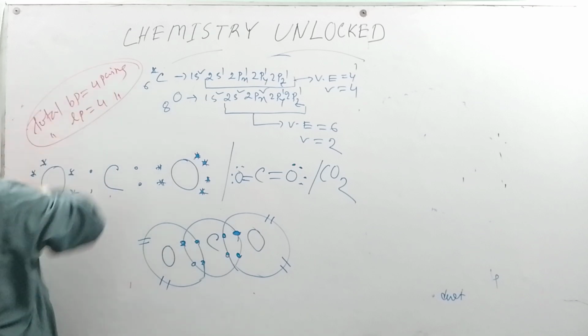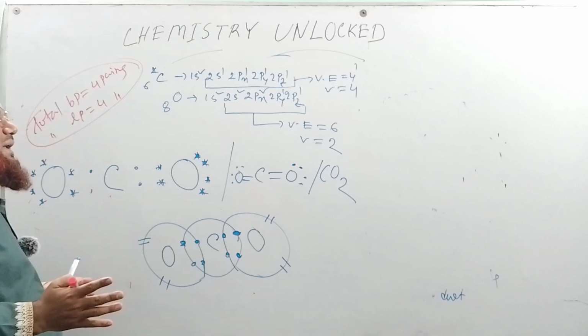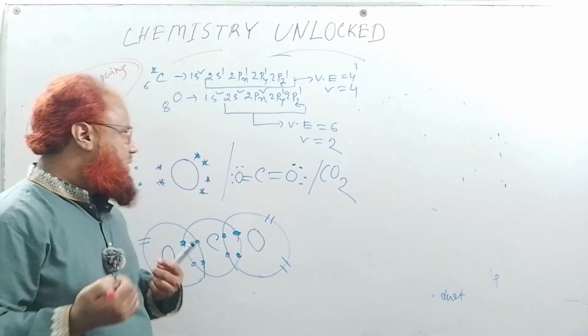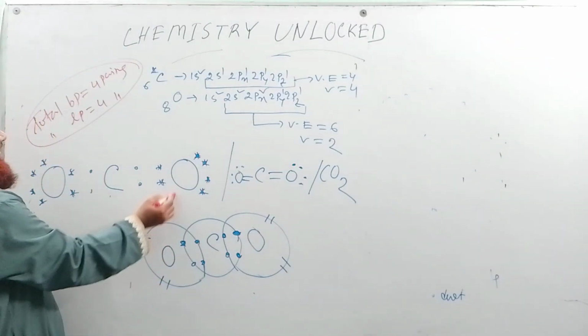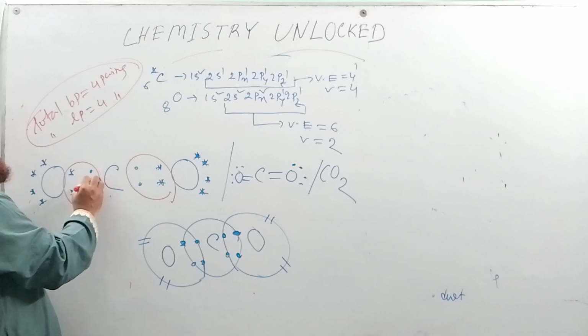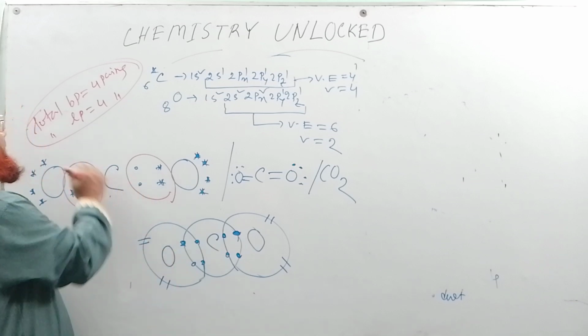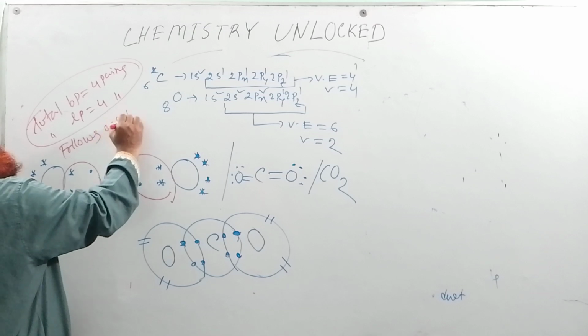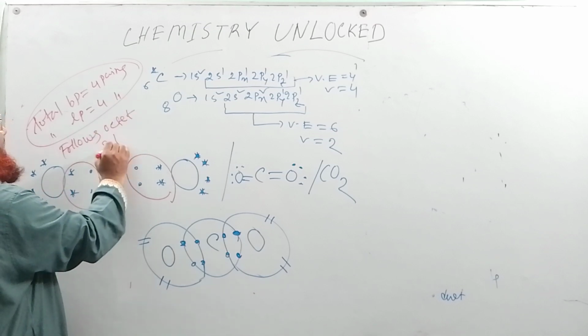Okay. Now we have to count the total number of electrons to evaluate whether the octet rule is followed or not. So here the total number of electrons is 4 and here is another 4. So the total is what? 8. So it follows the octet rule. It follows octet and duet. Why?